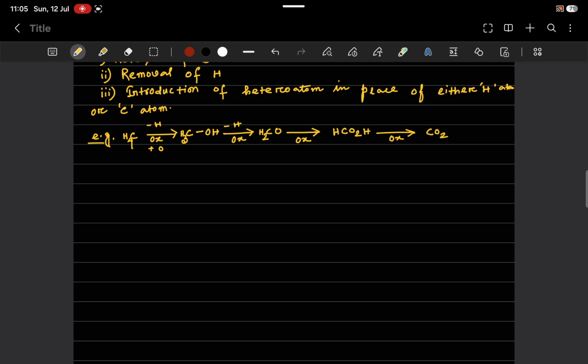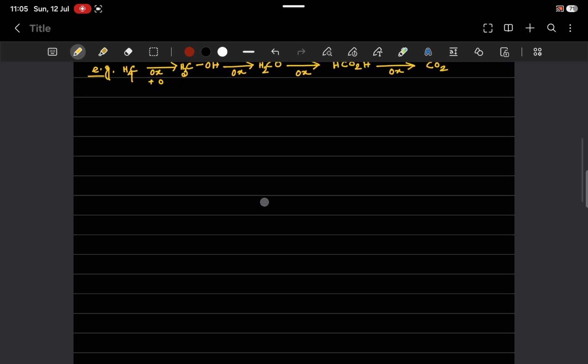Okay, so now I will introduce a very fundamental concept: how to find the oxidation number of a particular atom present in any organic species. So I am writing two names, two scientists' names. They introduced this concept of finding the oxidation number of a particular atom in an organic molecule.